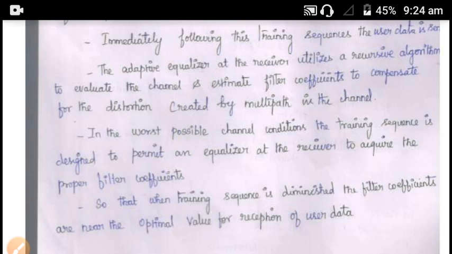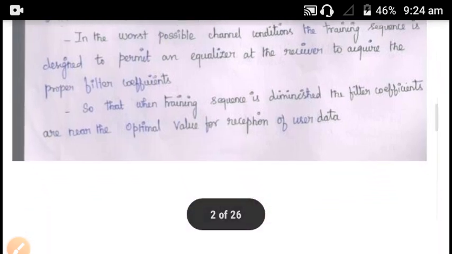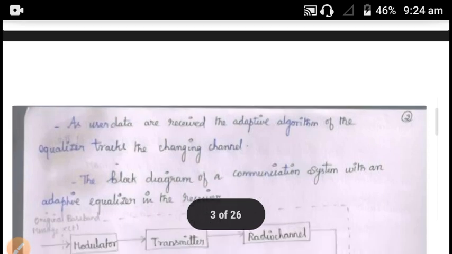So by checking the channel, they will set some filter coefficient value. After setting that filter coefficient value, they will start to transmit the data. So in that case they will get the proper data.